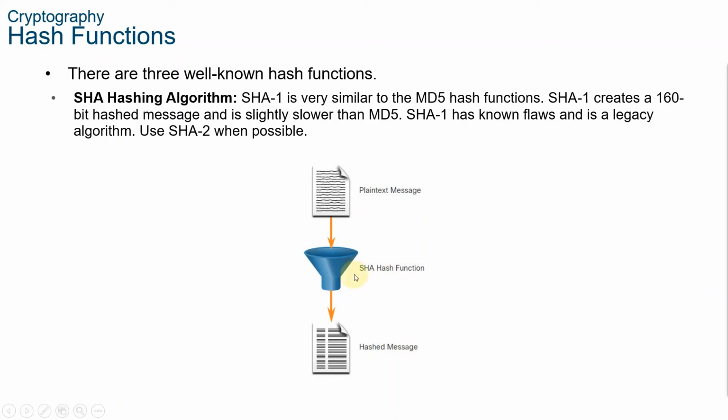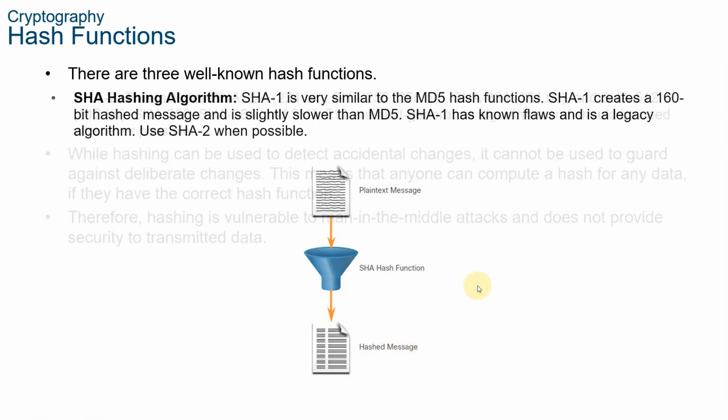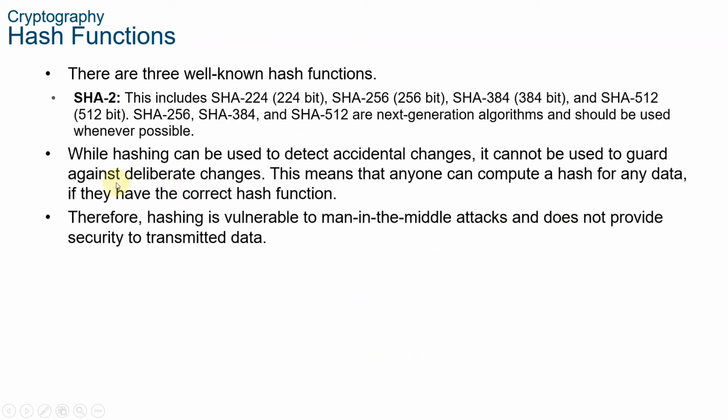Now in the figure, a plain text message is passed through the SHA hash function. The result is a hashed message. Third would be SHA-2. This includes SHA-224, as discussed earlier, 256, 384, and 512. These are the next generation of algorithms and should be used whenever possible.